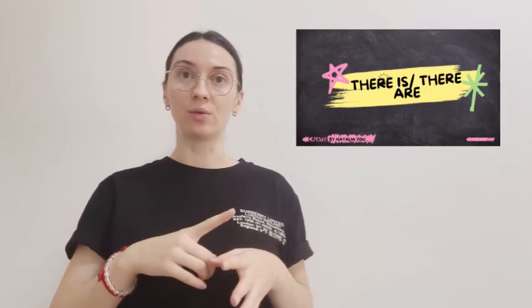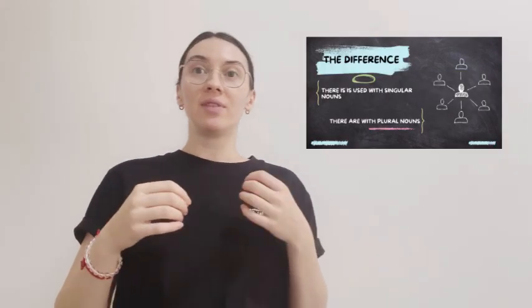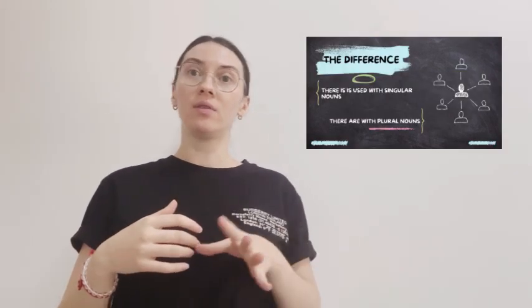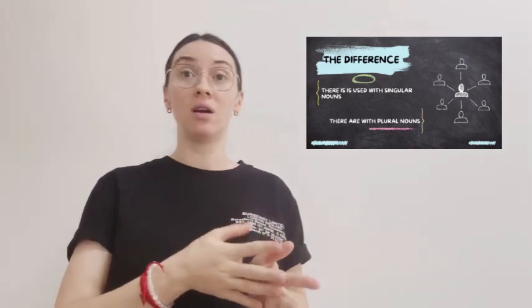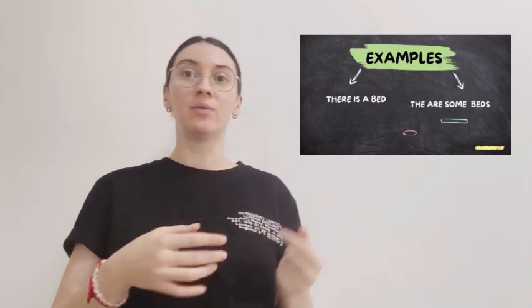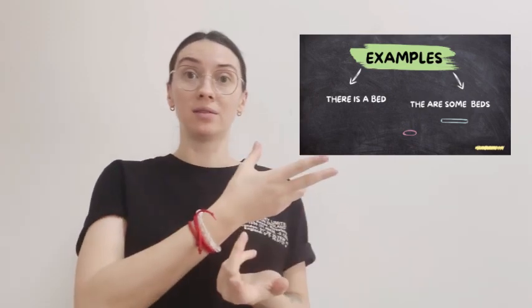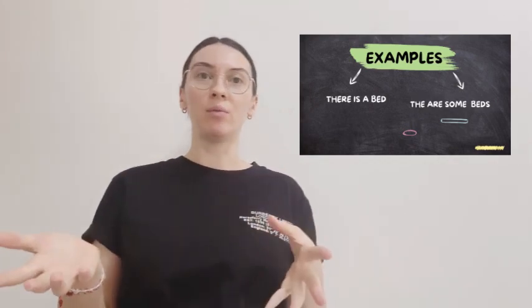Please pay attention to the screen. Here we see once again the difference between there is and there are, that there is used with the singular nouns and there are with the plural nouns. For example, there is a bed, right? Or there are some beds, as you can see on the screen. Who can give me another example?